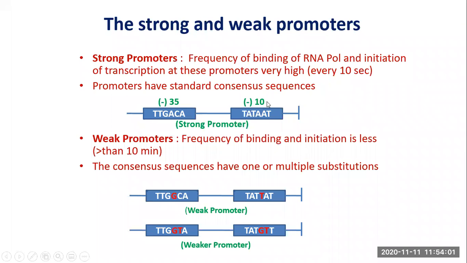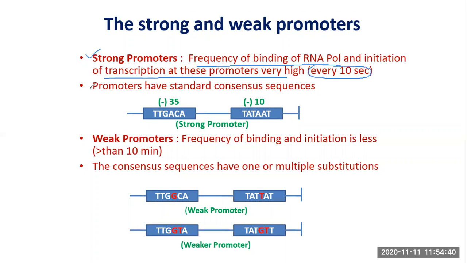Okay, then next comes what is referred to as strong promoter and weak promoter. Strong promoter means a promoter where the frequency of binding of RNA polymerase and initiation of transcription is very high. Typically, every 10 seconds RNA polymerase will bind and initiate transcription from these promoters, so they are called strong promoters.